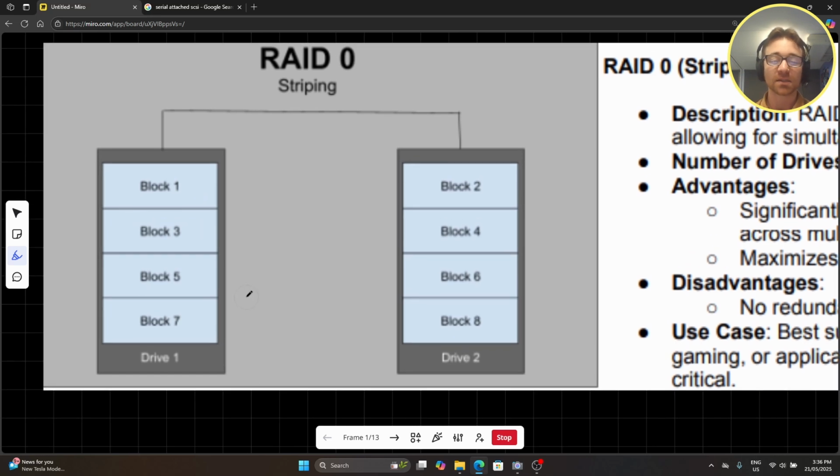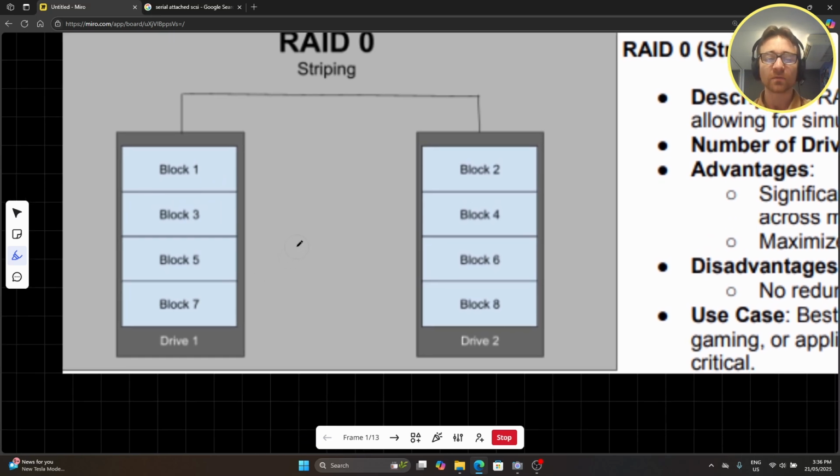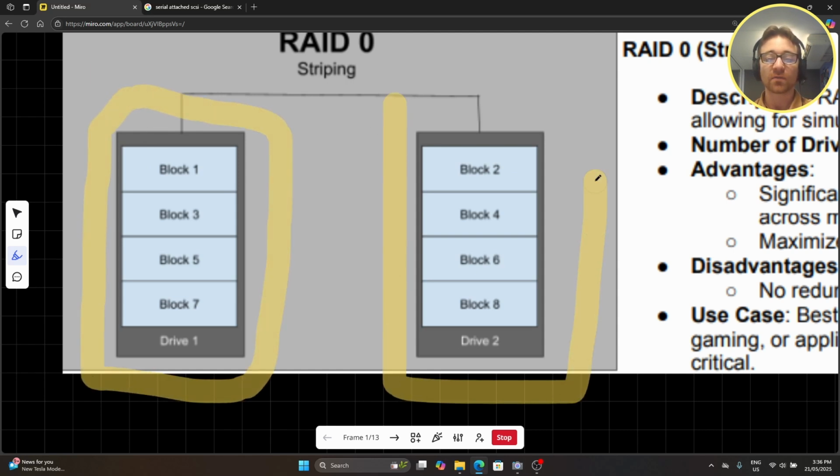RAID essentially is, we've got a visual representation of it here. We have one drive here, and we have another drive over here. Each of these drives has blocks of data in it. So we have block 1, the second block, the third block, and the fourth block of data in drive 1, and we also have 4 blocks of data in drive 2.